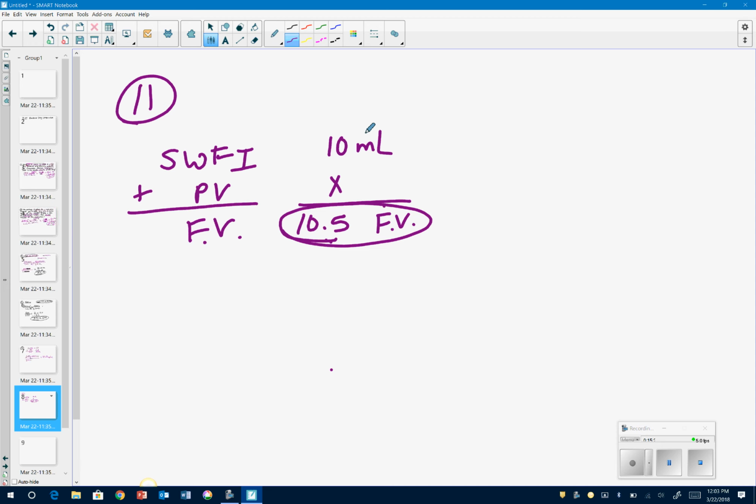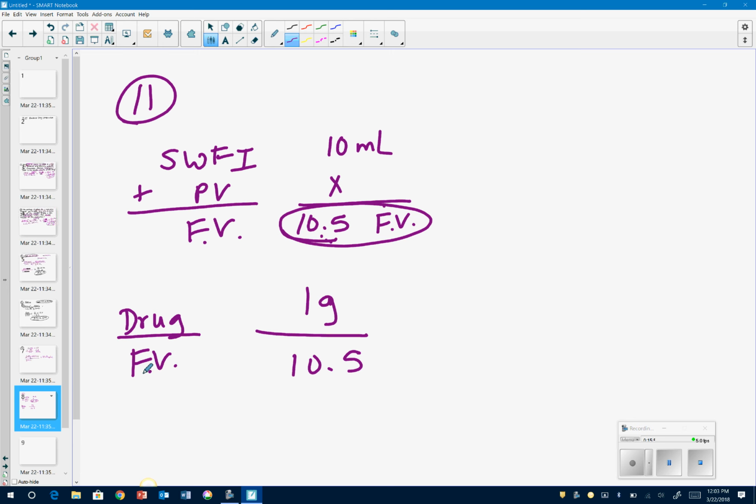Okay, so what is the concentration of the reconstituted powder? We know that the 10 milliliters of water is going to be added to 1 gram of medicine. So you have 1 gram and you divide it by your 10.5. This formula is, of course, the drug divided by your final volume.